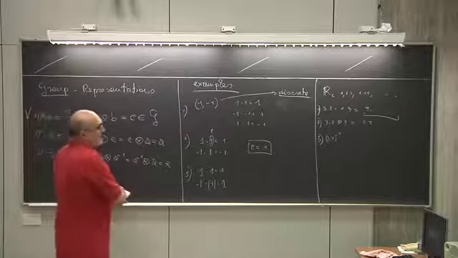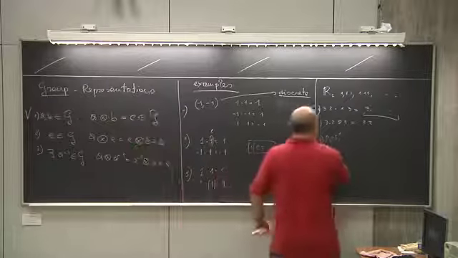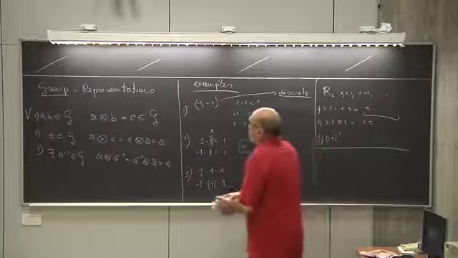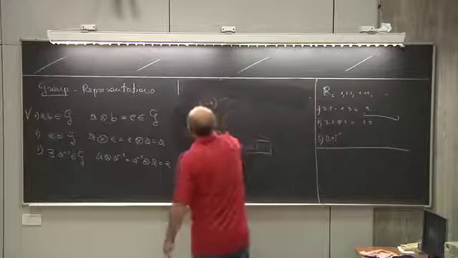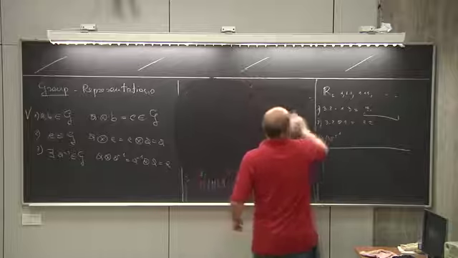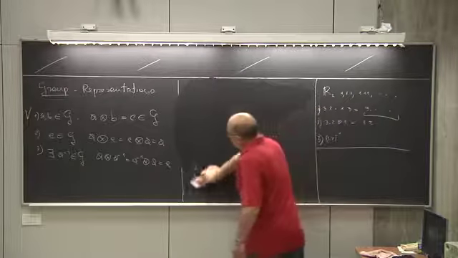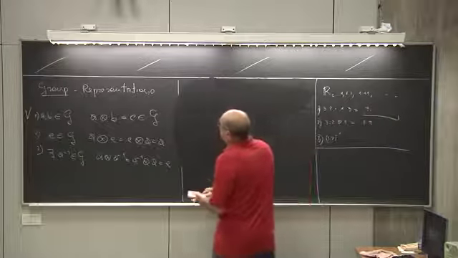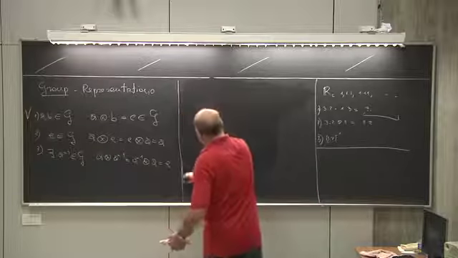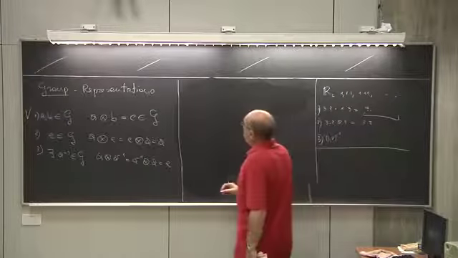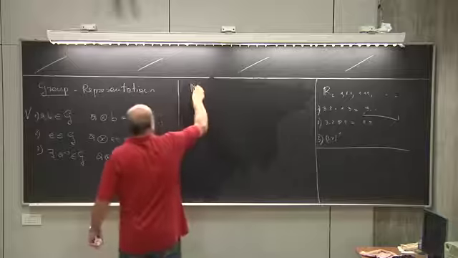Okay, another example. So let's cancel that. This is also a discrete set, but it is an infinite discrete set, okay? Let's take, for example, the natural numbers.